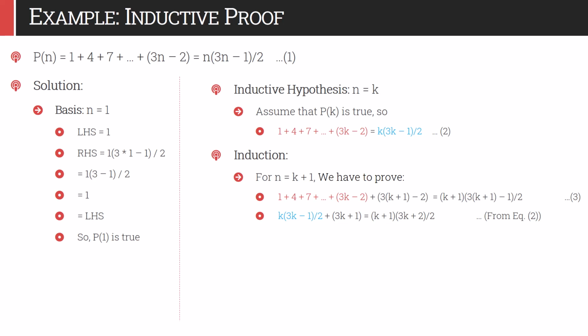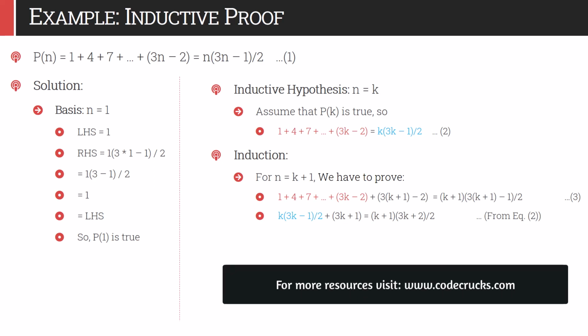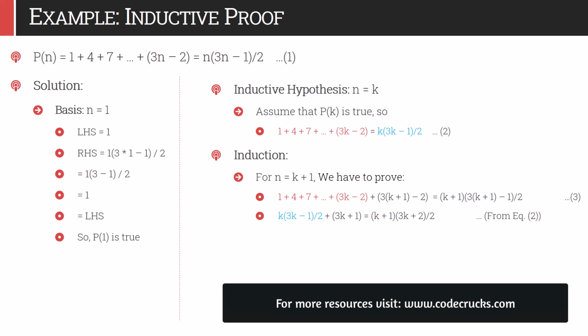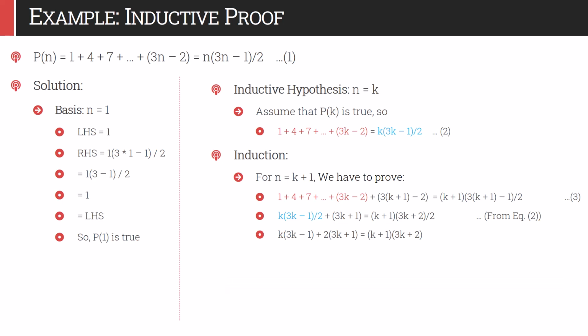So to simplify it, we multiply the second part by 2 and divide by 2, so that we have a common denominator of 2, and that 2 cancels out because we have a 2 in the denominator on both sides. So we can drop that 2. After simplification we have k(3k - 1) plus 2(3k + 1) equal to (k+1)(3k + 2).